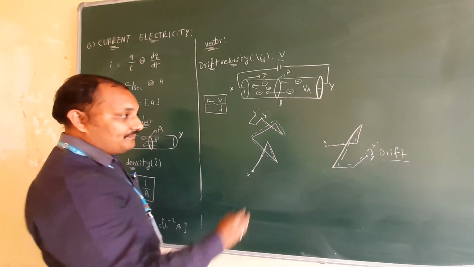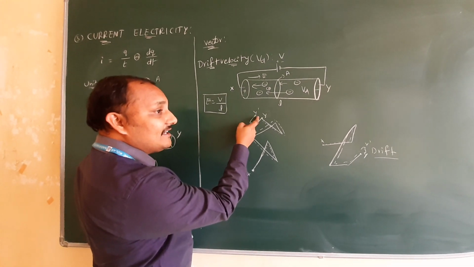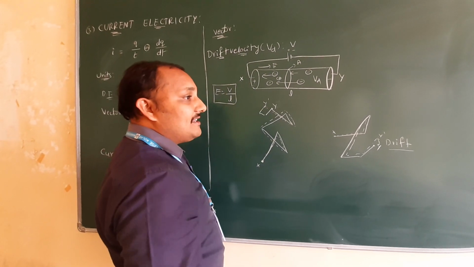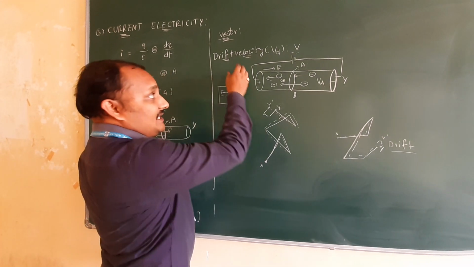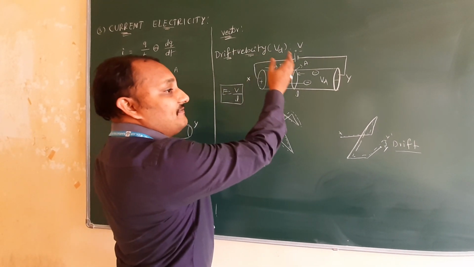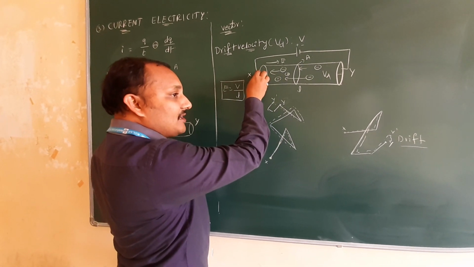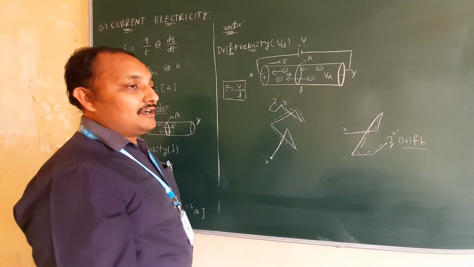Understood all of you? With what velocity it is drifted in the presence of external electric field towards the positive terminal, that velocity is nothing but drift velocity. Once again I am defining. Drift velocity is defined as the velocity with which all electrons get drifted towards the positive terminal of the conductor in the presence of external electric field.